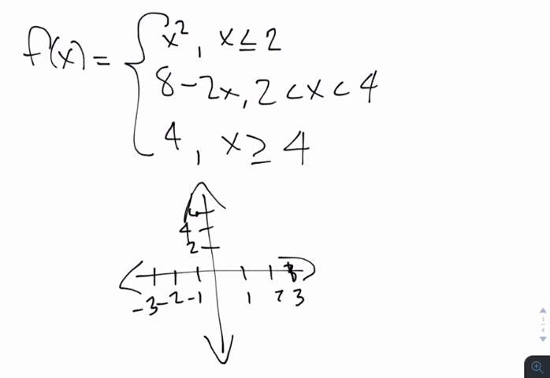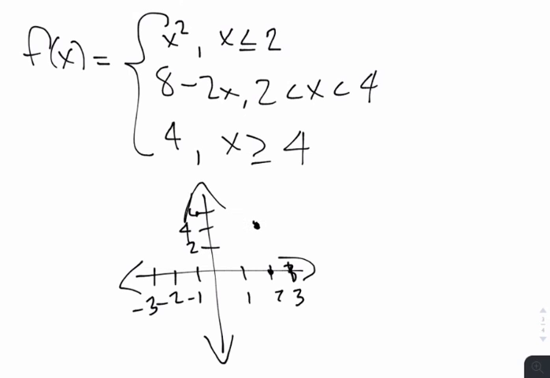So we have, that's just looking at x squared. So x squared is valid as long as x is less than or equal to 2. So we need to do 2 right here. Actually, hold on. 2 squared is going to be 4.